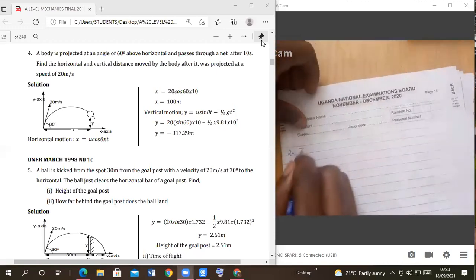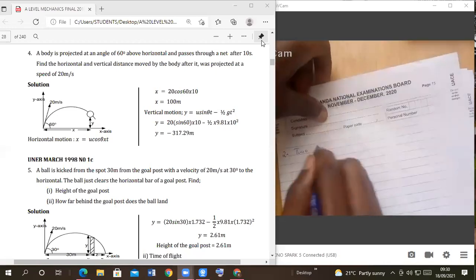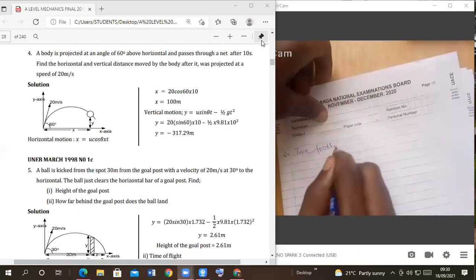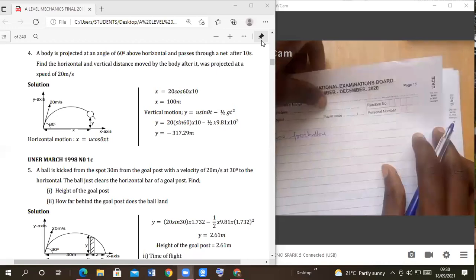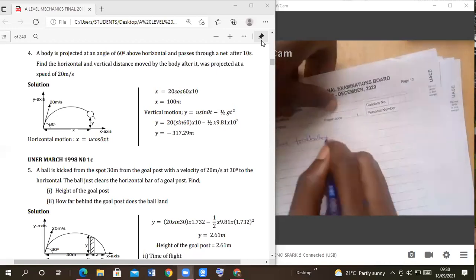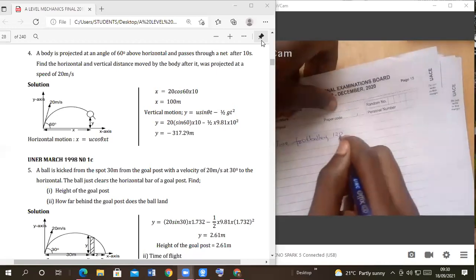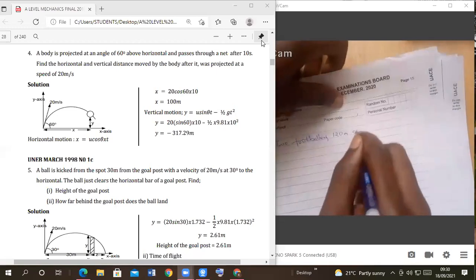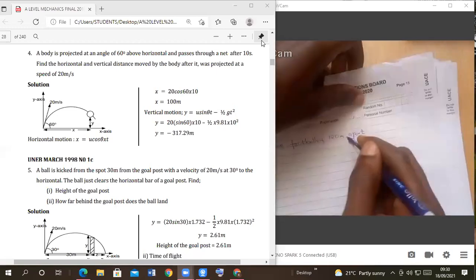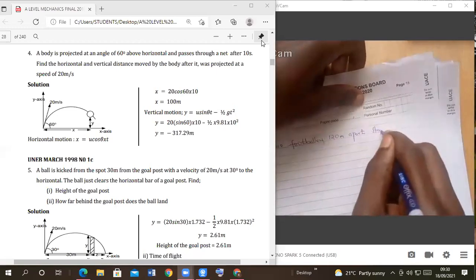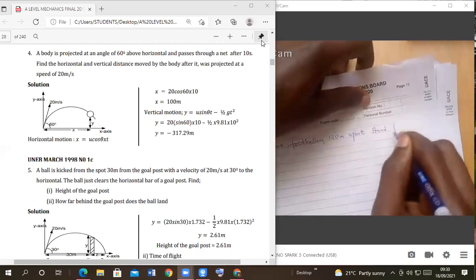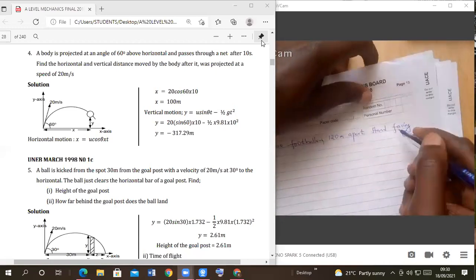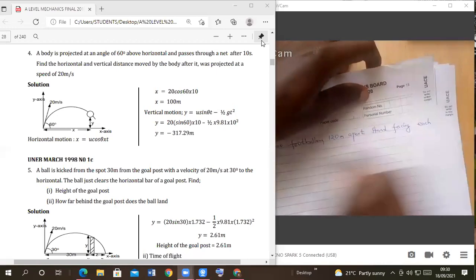They're saying, write the question down: two footballers, 120 meters apart, stand facing each other.